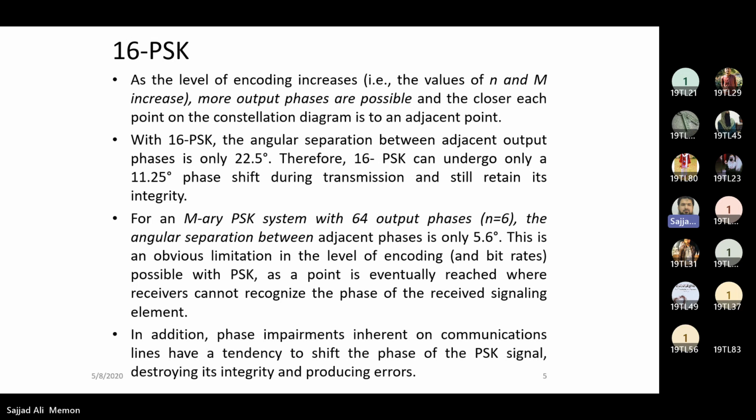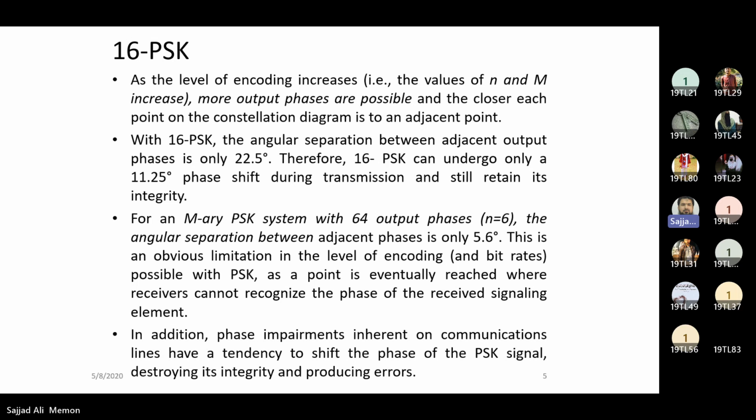As we've seen, that may cause errors. With 16 PSK, the angular separation between adjacent output phases is only 22.5 degrees, whereas in BPSK it is 180 degrees. Then we have 90 degrees, then 45 degrees. Now we have only 22.5 degrees.